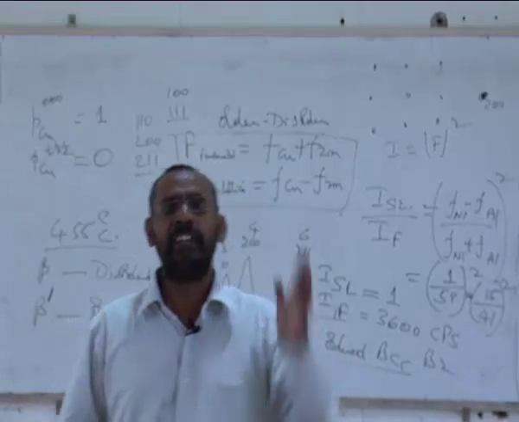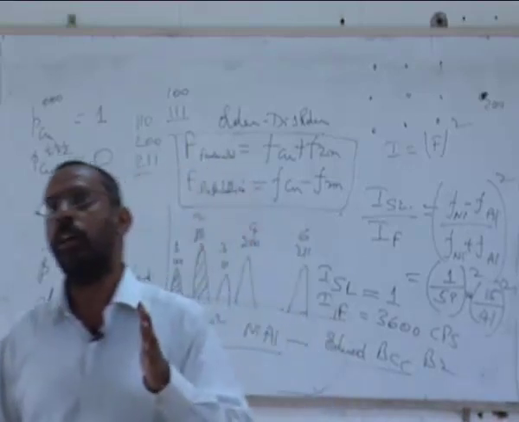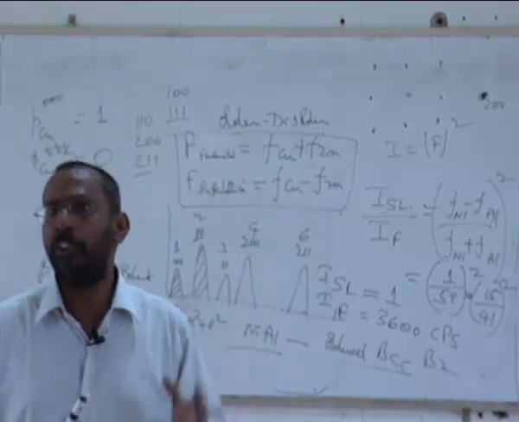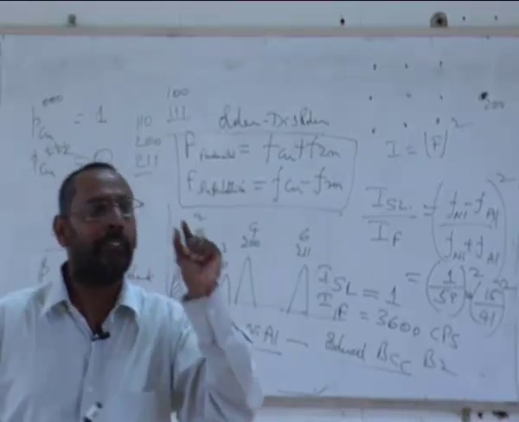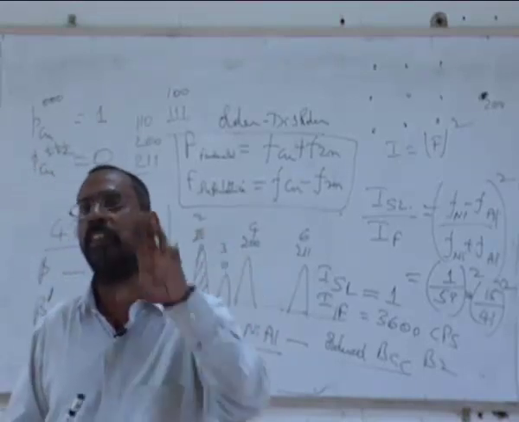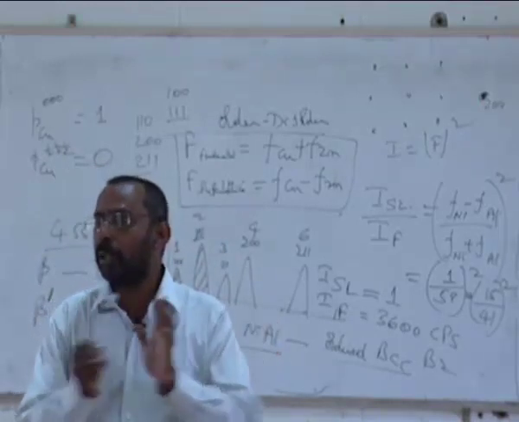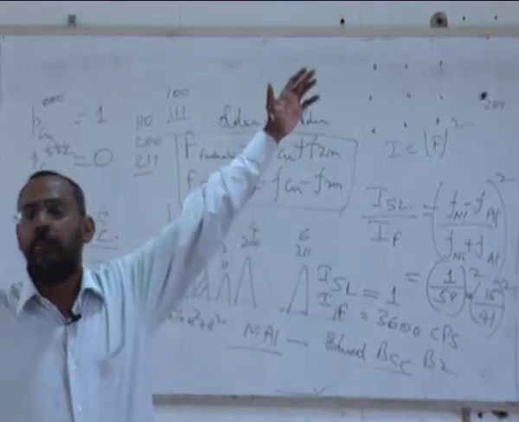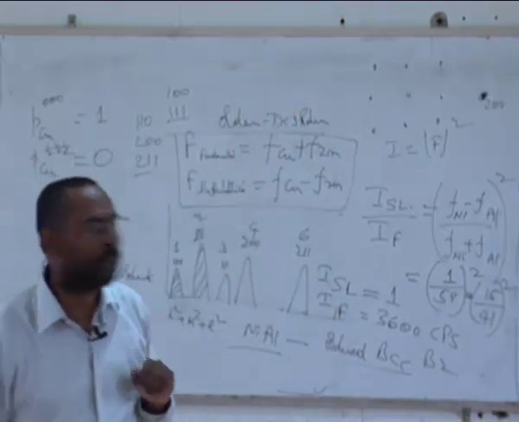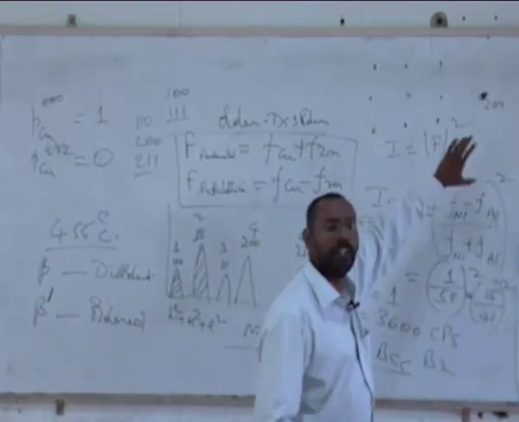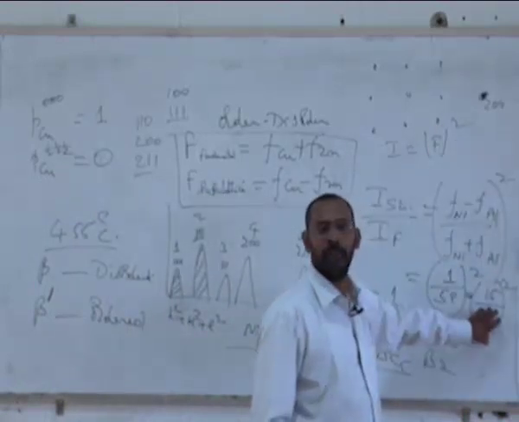So X-ray diffraction cannot be used to find out superlattice structures or ordered structures if the atoms present inside the alloy have similar atomic numbers. Whereas if the atoms present in the alloy have a significant difference in atomic numbers, you can detect it, because the superlattice reflection will have reasonable intensity with respect to this.